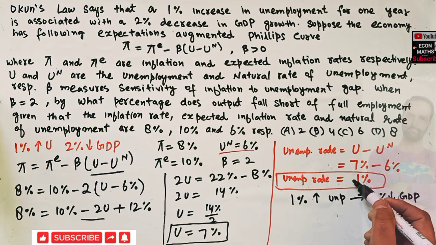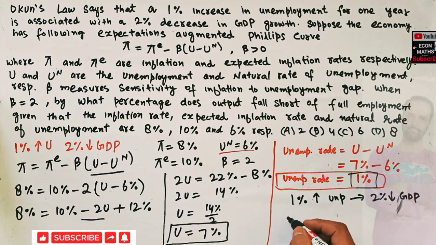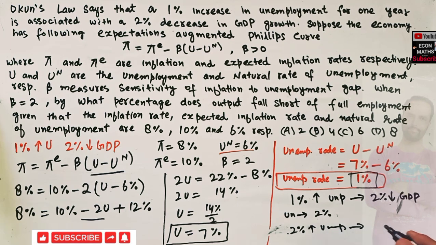Okay, if here we had, let us say, 2 in place of 1, that means unemployment rate would have been 2%, so this time a 2% increase in unemployment would have led to a 4% fall in GDP. But since we got the unemployment rate as 1% only, our GDP will fall short by 2%. Okay, so the correct option should be option A.